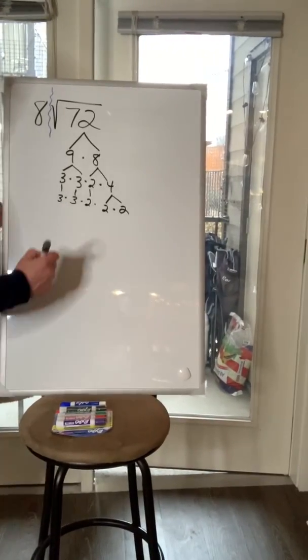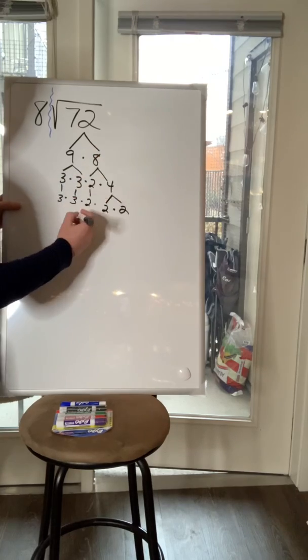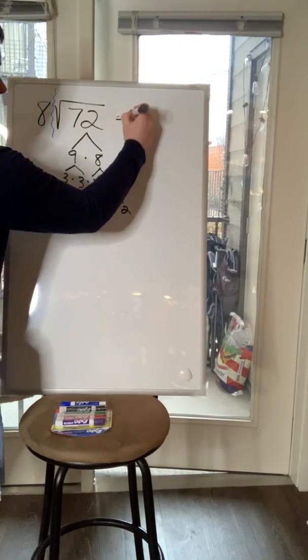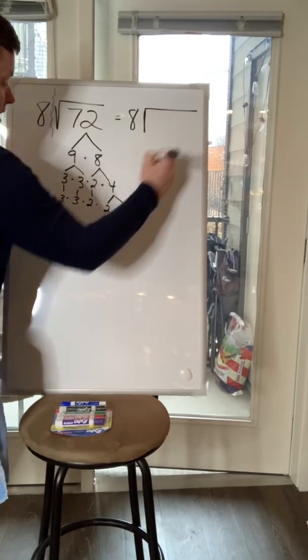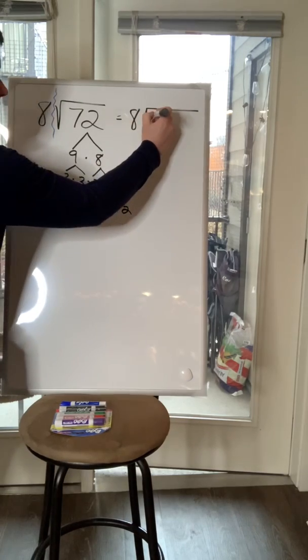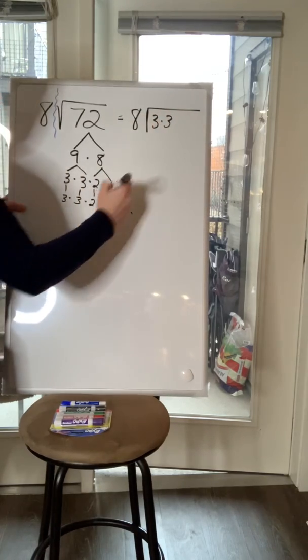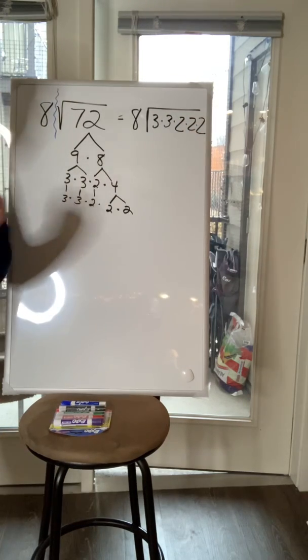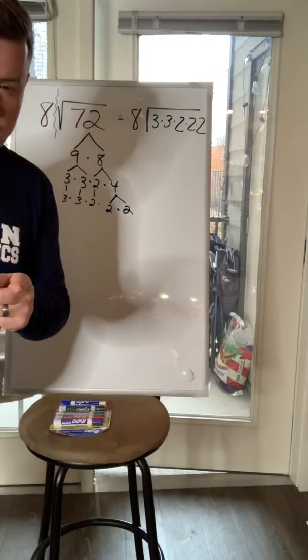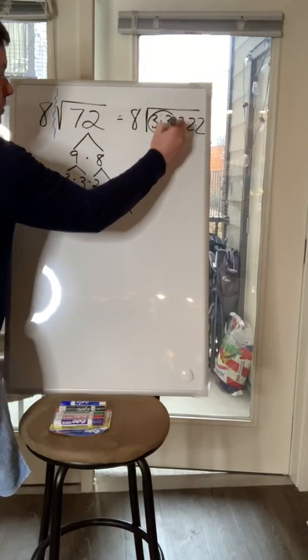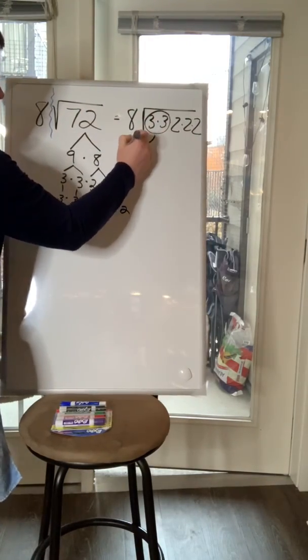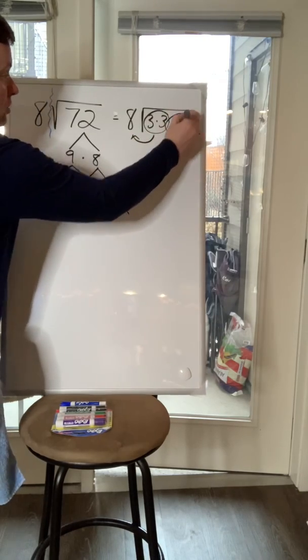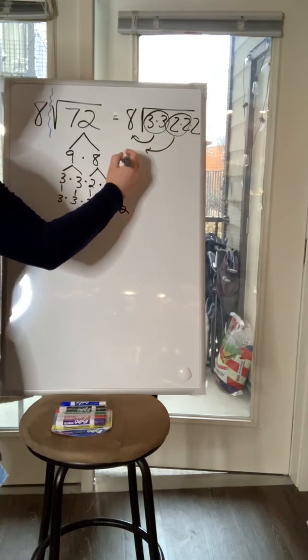Right? So we have the square root of 72 is equal to, remember that 8 is outside there, and we have 3 times 3 times 2 times 2 times 2. Three 2s. So remember, we're looking for pairs. We have a pair of 3s, so a 3 is going to come out, and a pair of 2s, so a 2 is going to come out.